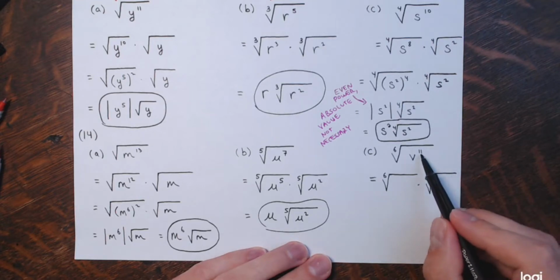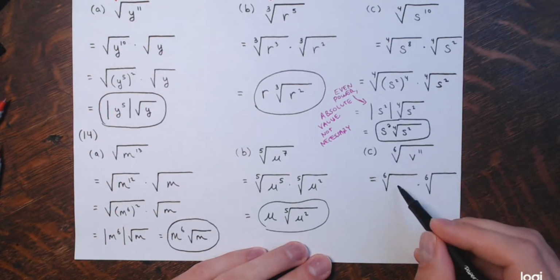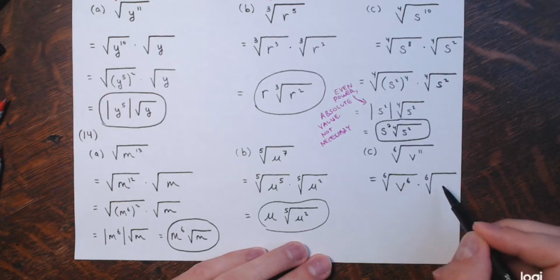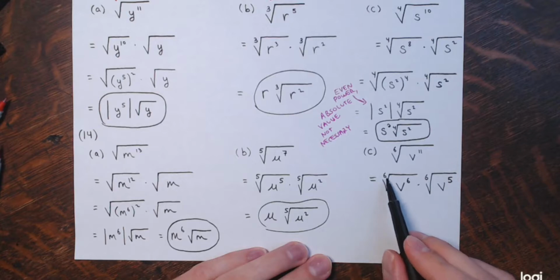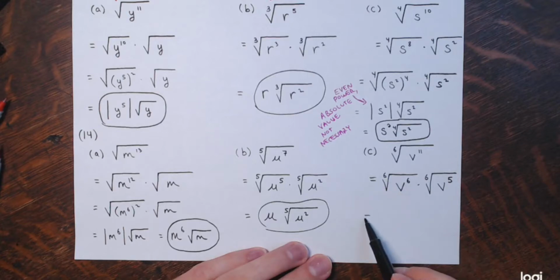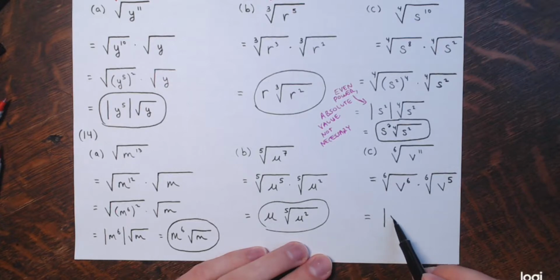Now 11, the power in here, v to the 11th. 11 is not a multiple of 6, but 6 is, right? So I can break this up into v to the 6th times v to the 5th. And here I have a 6th root of a 6th power. Right, the 6th root of v to the 6th would be the absolute value of v.